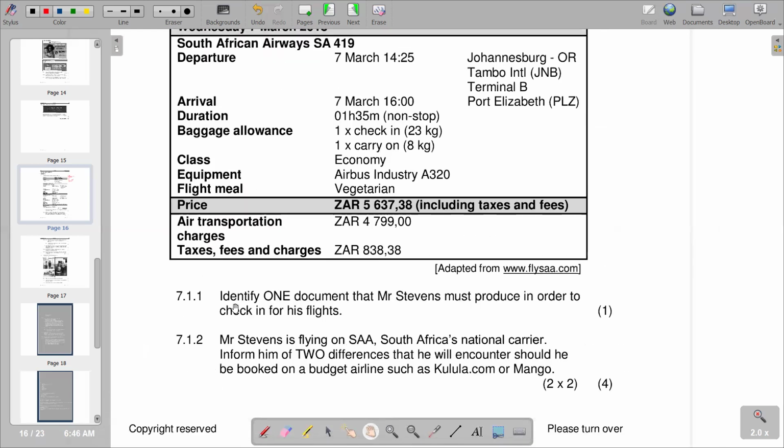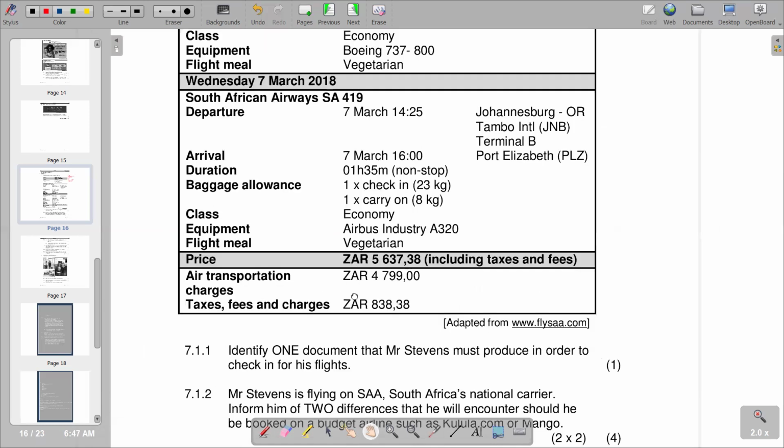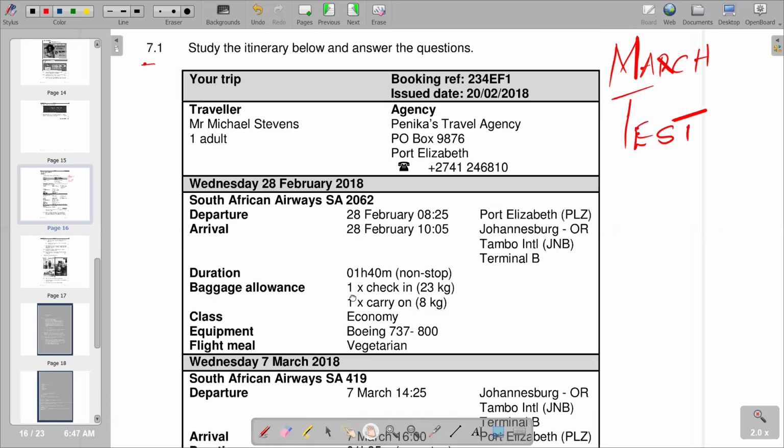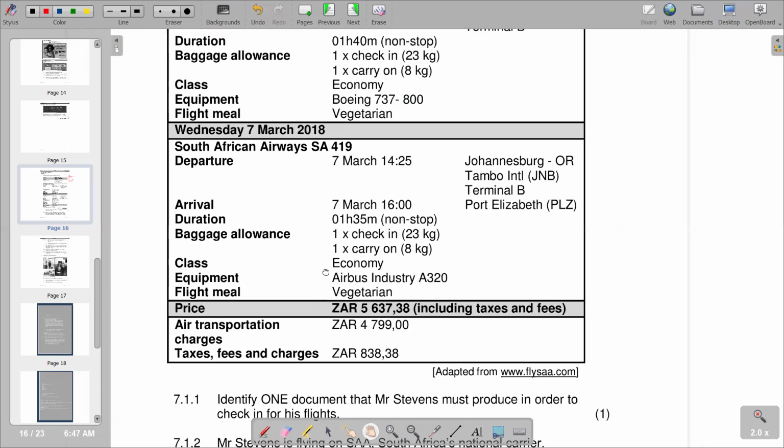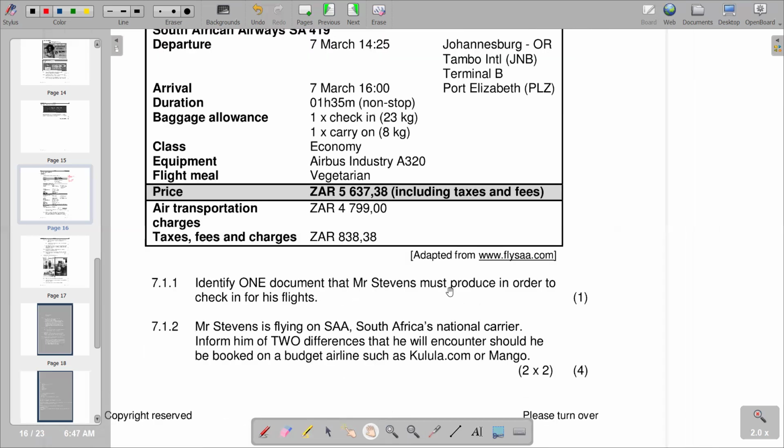So beneath that, we got our questions, whereby 7.1.1 means identify one document that Mr. Stevens must produce in order to check in for his flights. So obviously, you see that this itinerary is the one for Mr. Michael Stevens. So the question needs us to identify one document that Mr. Stevens must produce in order to check in for his flight.